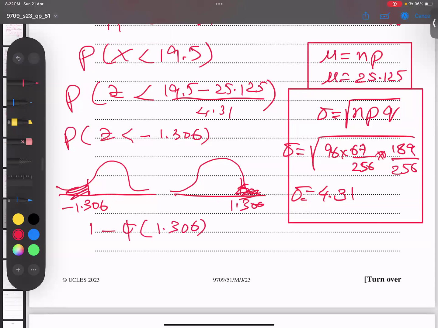And if I find it from the table, after subtracting everything, it comes to 0.0958.